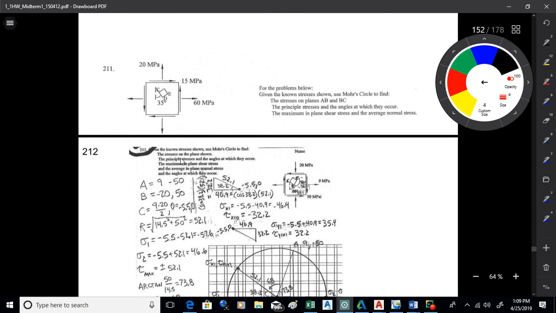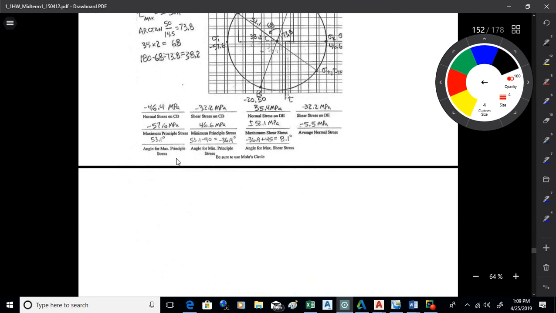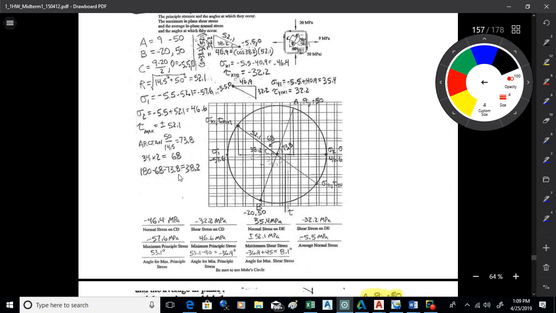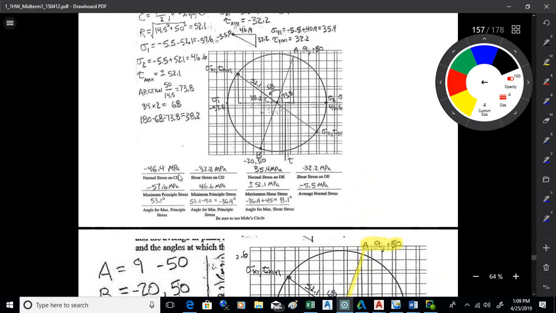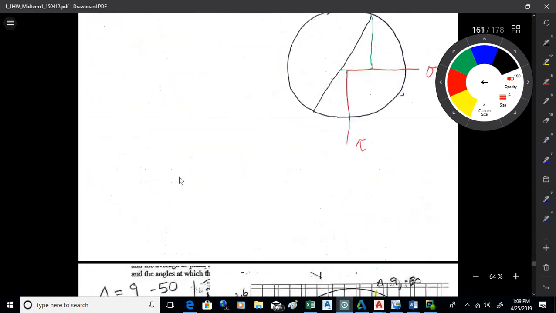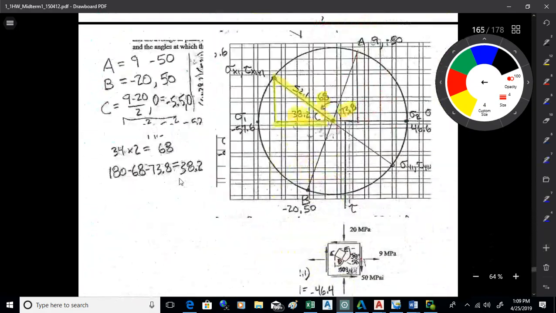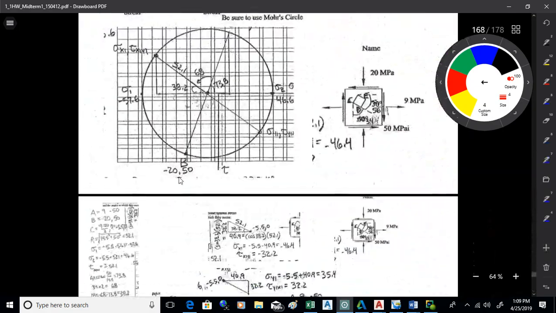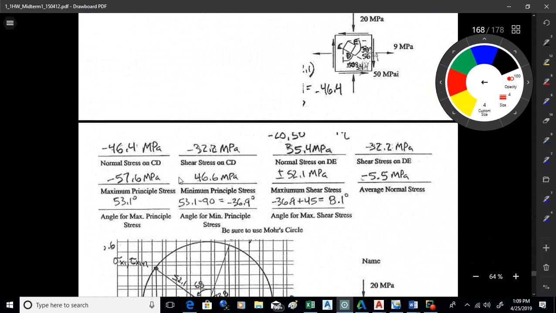All right, here's 212, and you might notice the answers to 212 are negative 57.6, and what else do we got there? And 46.6. So there are the answers to 212.